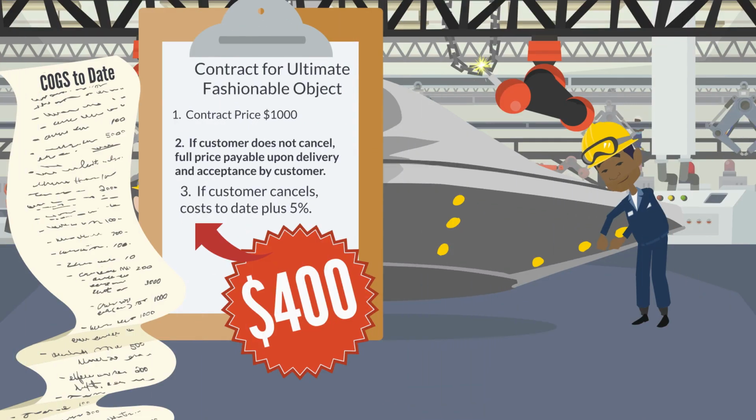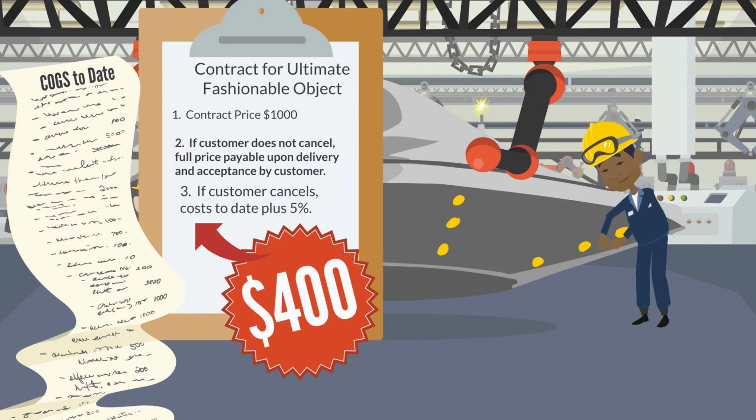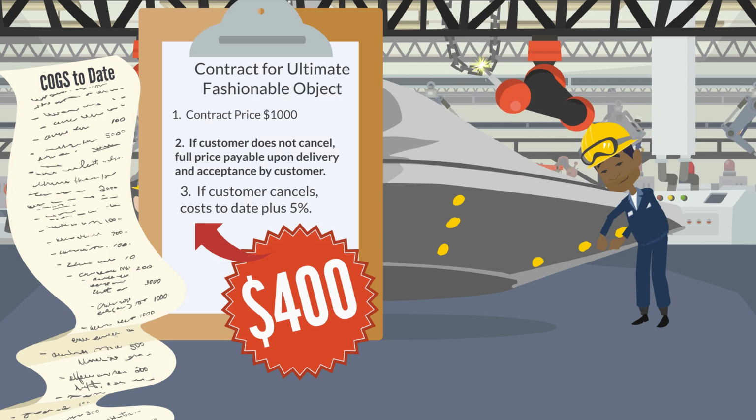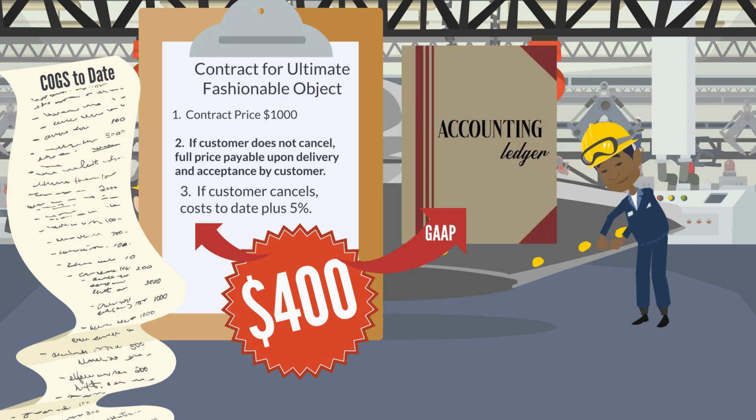Your total cost so far, plus 5%, equals $400. Let's also say that for financial accounting purposes, you're required to include that $400 in your book revenue for year one because you expect to receive at least that amount even if the customer eventually cancels.